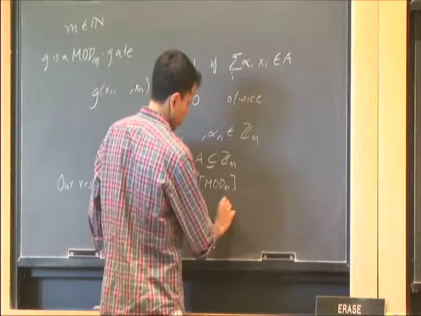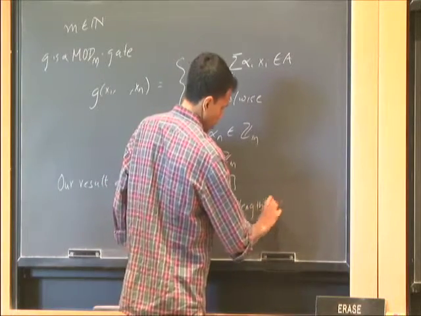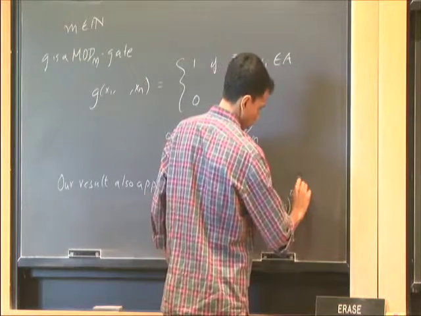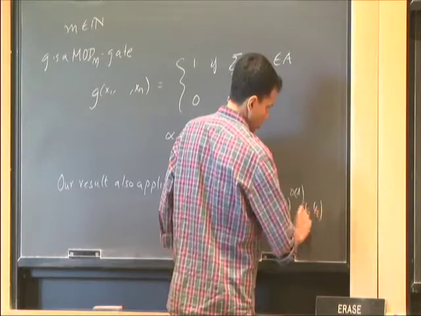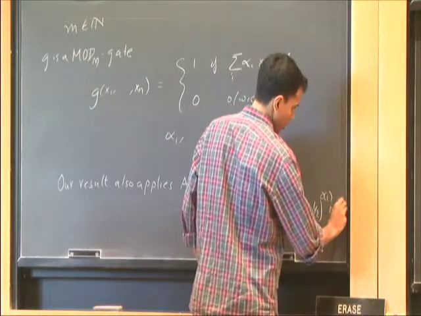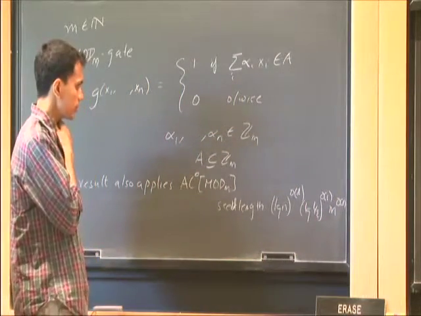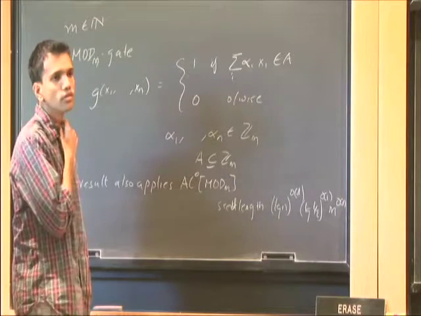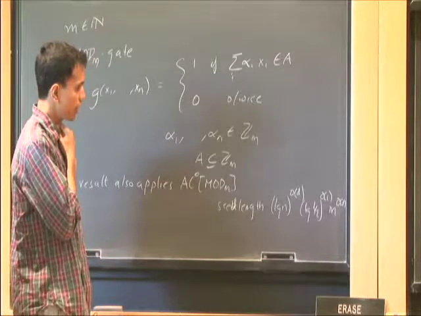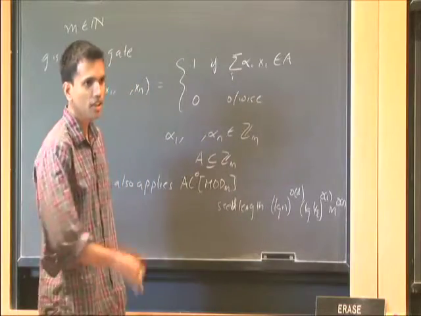So the seed length may be something like whatever I said earlier, times some poly factors in m, so maybe m to the order d. These hold even if d is slightly super constant. Everything goes through for d up to square root log n. So there's also a 2 to the d square factor sitting here that I haven't written down.